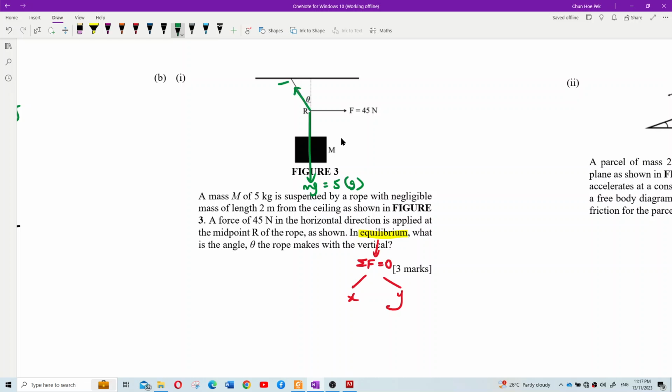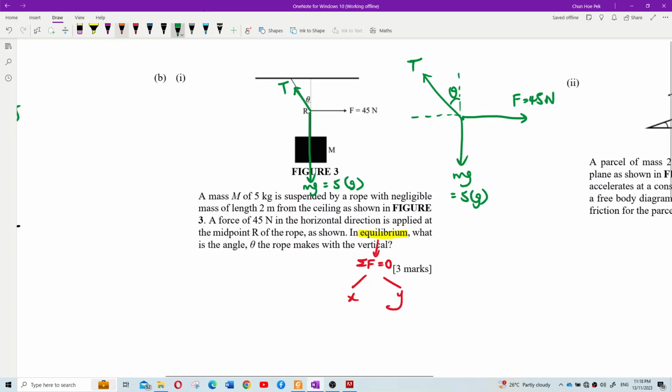Remember there is one more tension over here. So the force is like this: this is the 45 Newton, and this is the mass, mg, 5g. That is not... there is a theta, class.